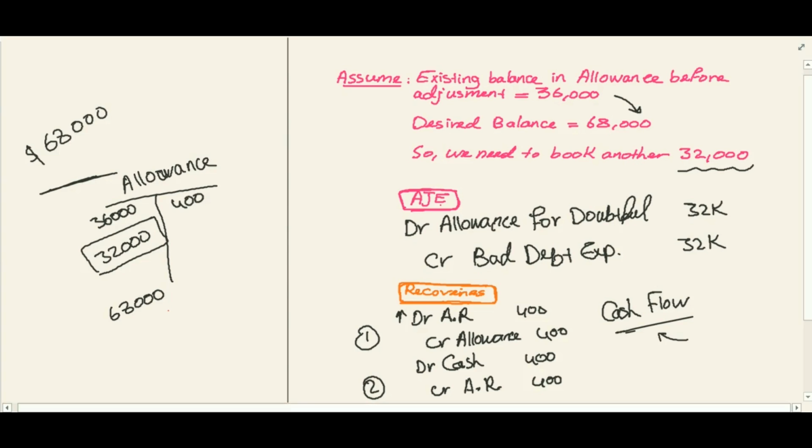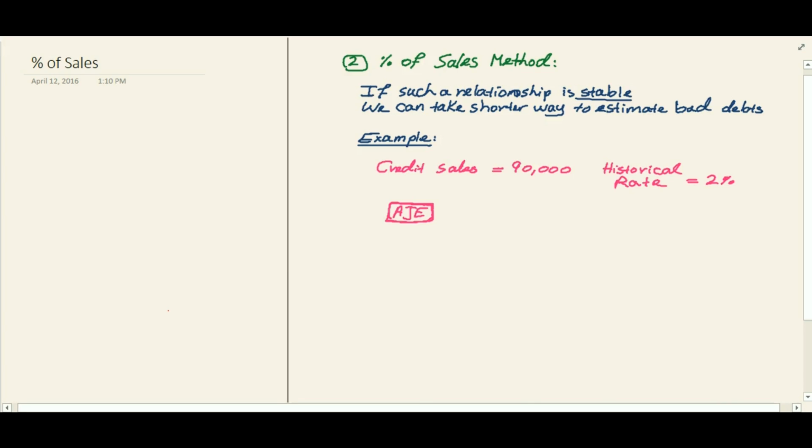Okay, let's see the percentage of sales method. So let's say that your credit sales for this year is $90,000.